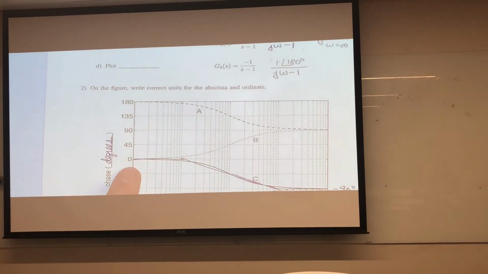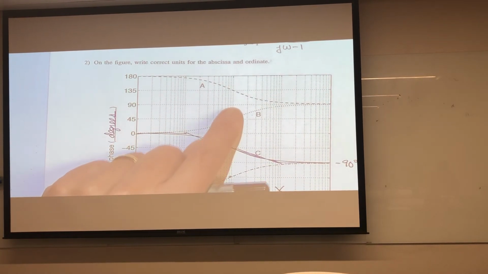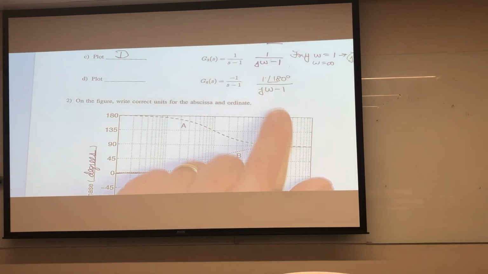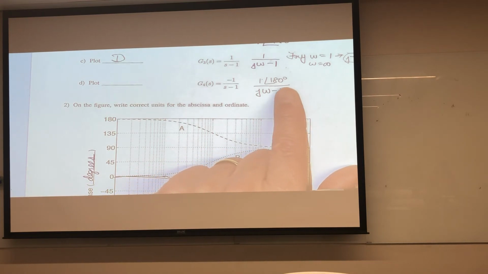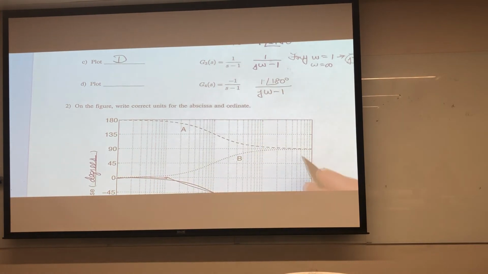And so again, we're starting off at 0. So it's either this plot or this plot. Now, when omega is huge, it overwhelms the bottom here, then you get 1 over j omega, which is negative 90 degrees, but you got 180 degrees up here. So negative 90 plus 180 gives you 90 degrees, so we end up over here.